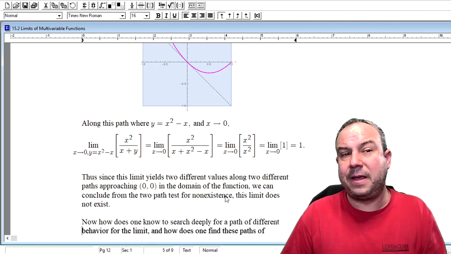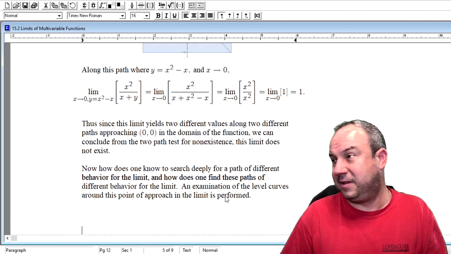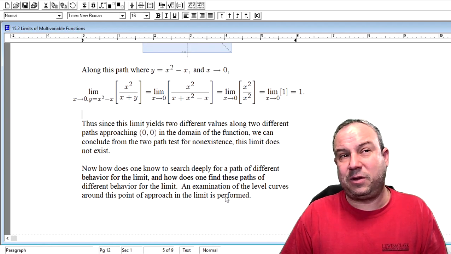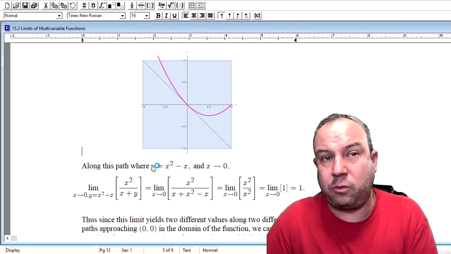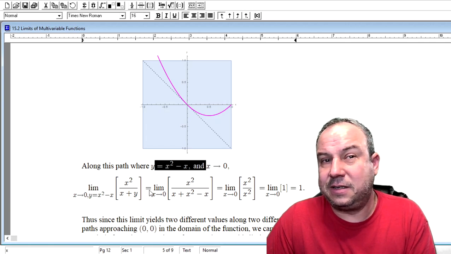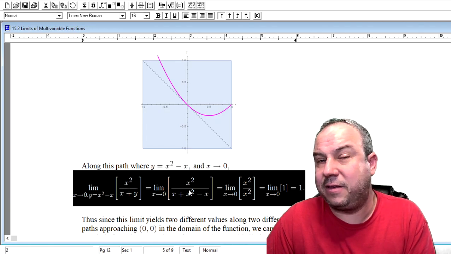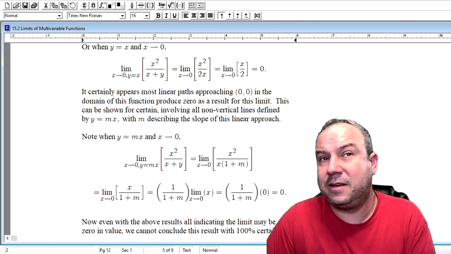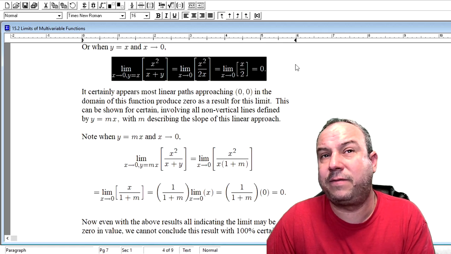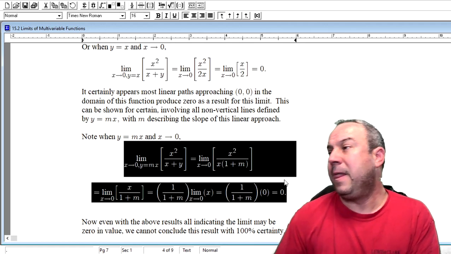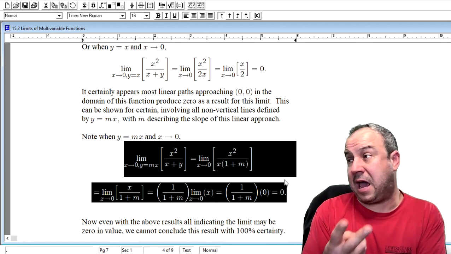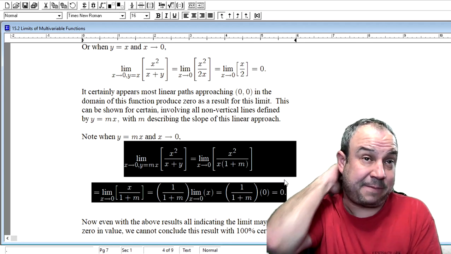Now, we have shown, using this one path and our exploration seen above for these different linear paths, that we can produce two different paths that do not give the exact same value for the limit.